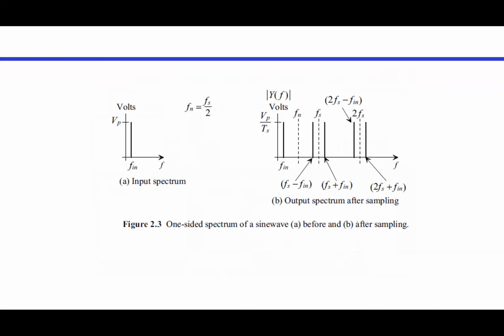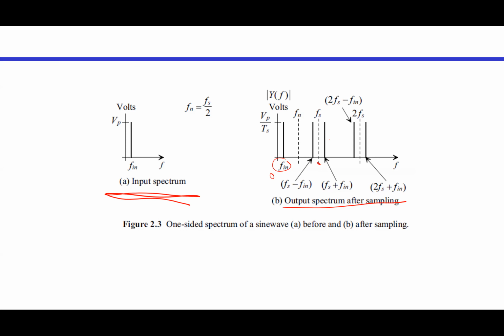So again, remember that when you have an original spectrum that looks like this, before the sampling, after the sampling, you will have multiple copies of this at the baseband, which means at 0 Fs. At Fs, you will have a copy on the positive side and a copy on the negative side.